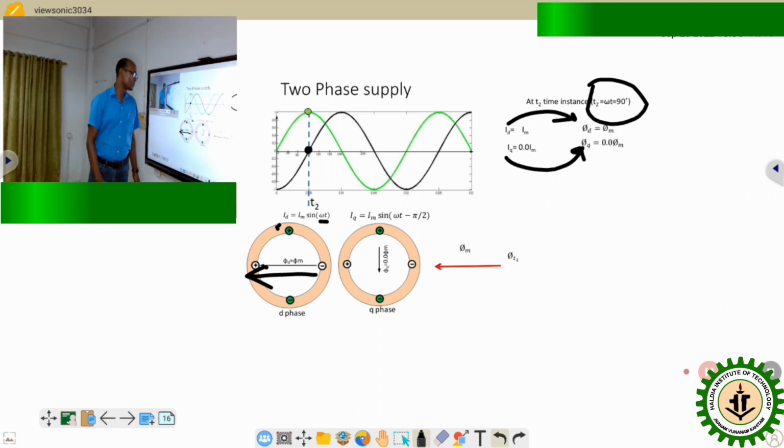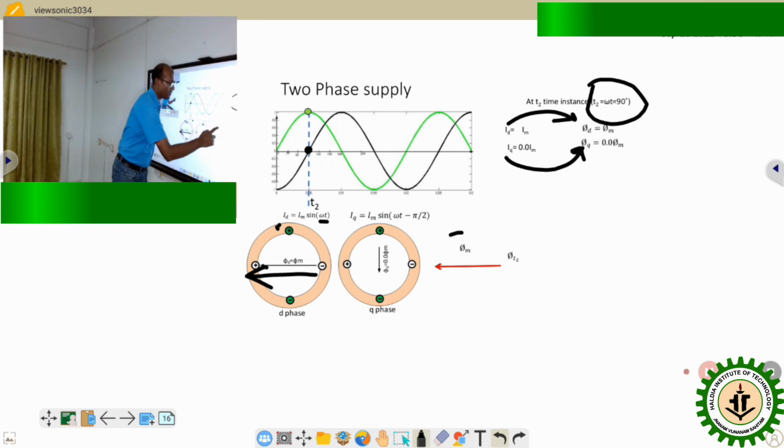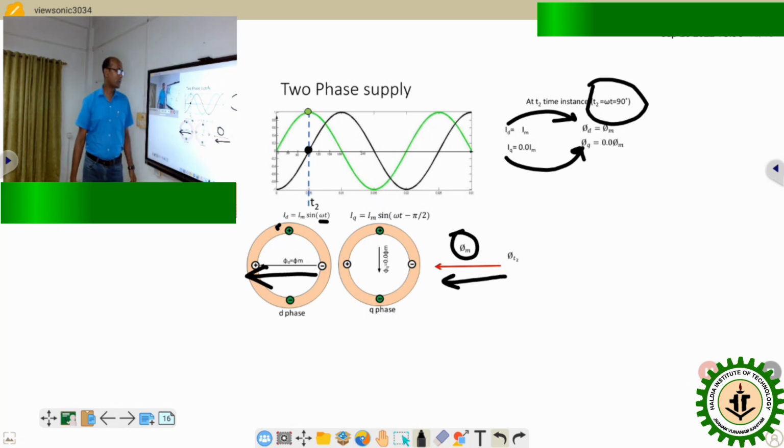So the resultant flux, again we got phi m, towards that direction. Like the previous one, where the resultant flux was downward with magnitude phi m, now we got right to left, and the magnitude remains the same, phi m.